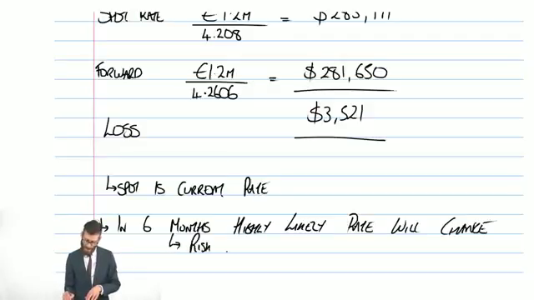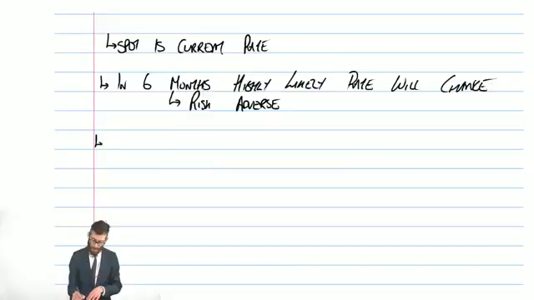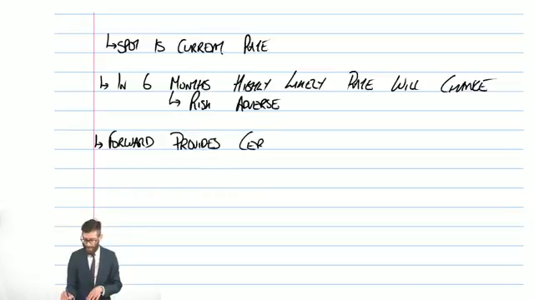And the risk here is that the rate will move in an adverse manner. Thereby, the forward provides absolute certainty. The forward provides certainty.